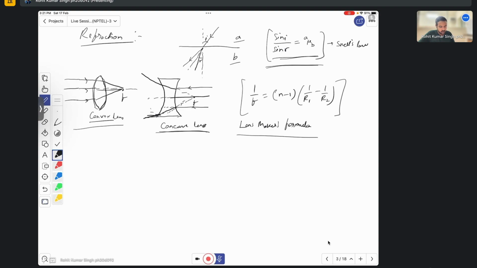And one can derive from this formula another formula which is called the thin lens formula. So it is given like this. This is the thin lens formula.